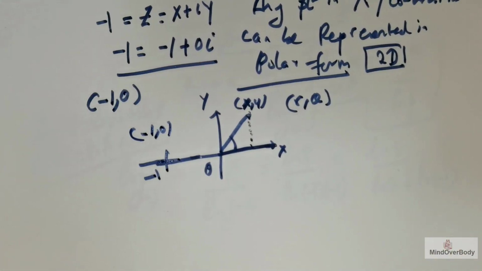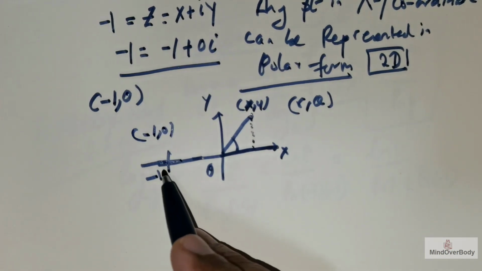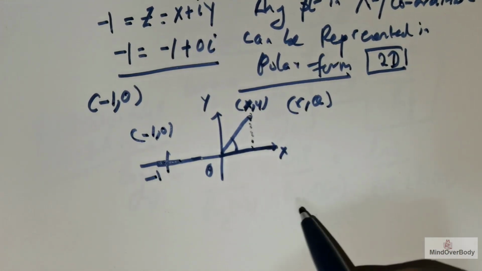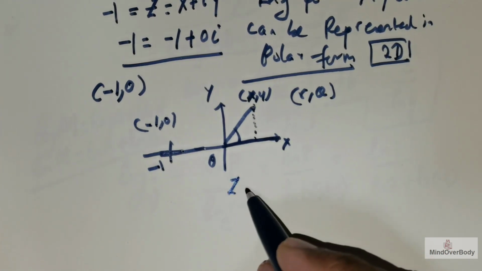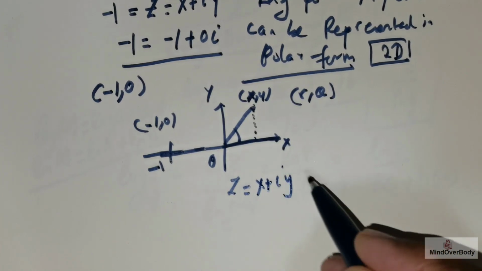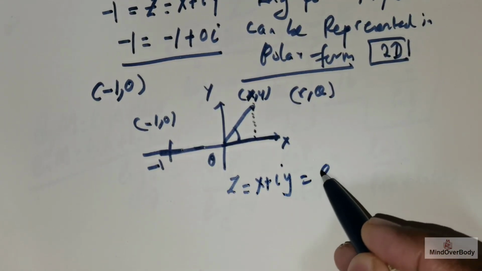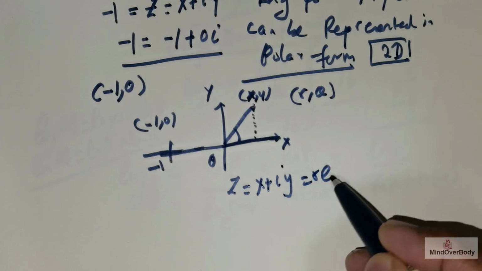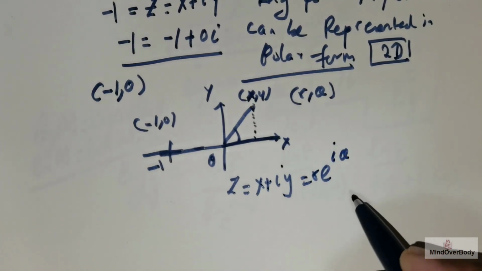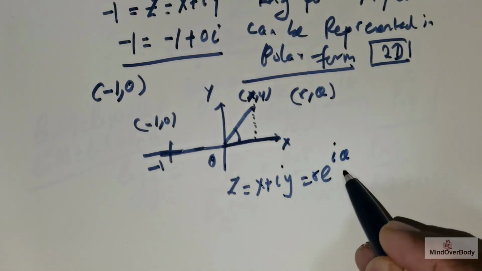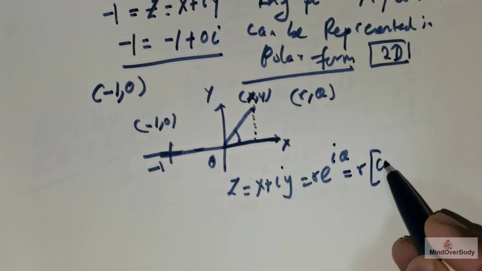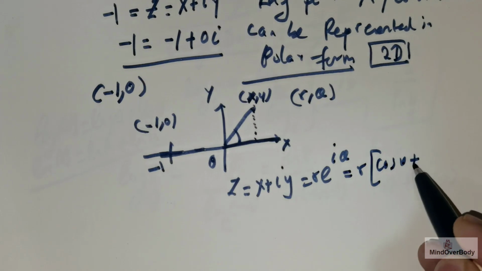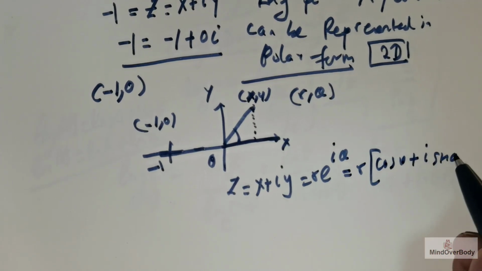Now you have to understand that for this point I have a representation. As I mentioned to you, a complex number is of the form x plus iy, and this is represented as r times e raised to the power i theta, where r is a magnitude, and I can very well represent e power i theta as cos theta plus i times sin theta.